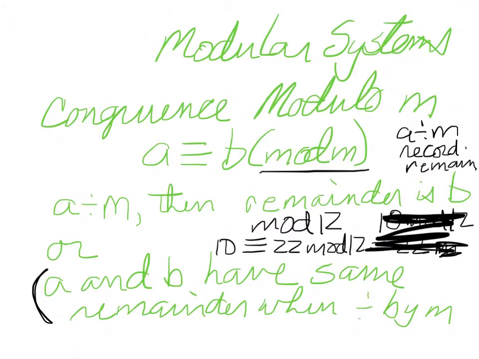That's how you write it. You have the bigger number here, and then the one that's the remainder is written there.